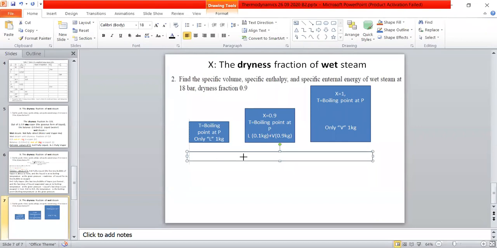U value of this. U value is the U value of the vapor. Mix sample U means for 1 kg, you have 0.1 kg of liquid, so times UF.